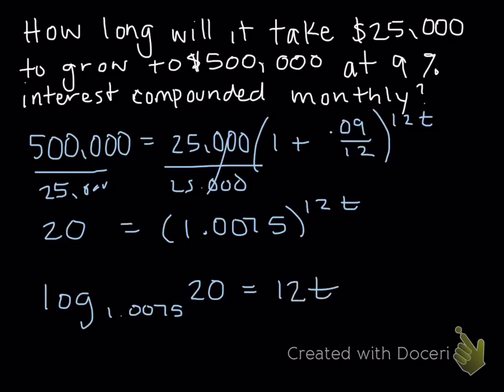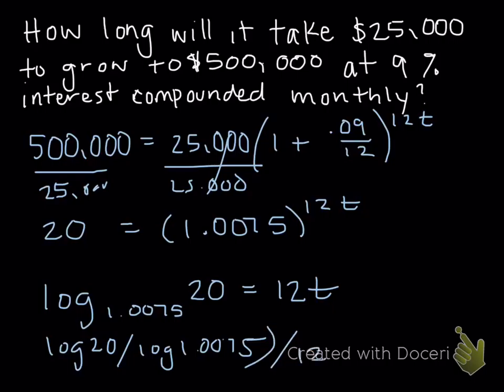And now this is something that we discussed on how to type in the calculator. You have to type log 20 divided by log 1.0075. Then you divide that answer by 12. So again, you would type log 20 divided by log 1.0075, you'd get that answer, and then you divide that result by 12.